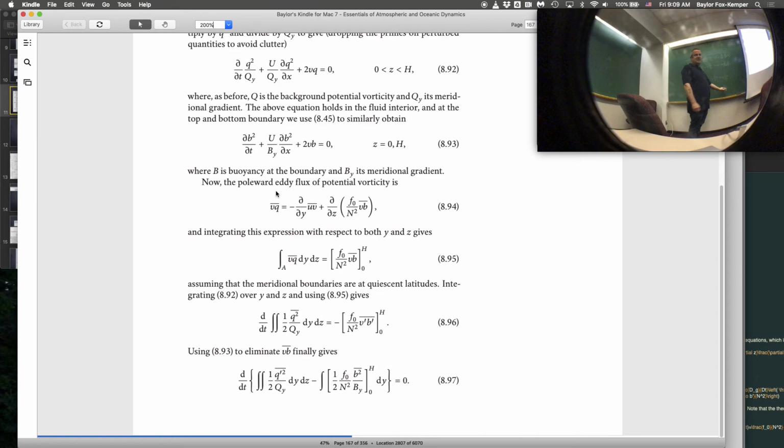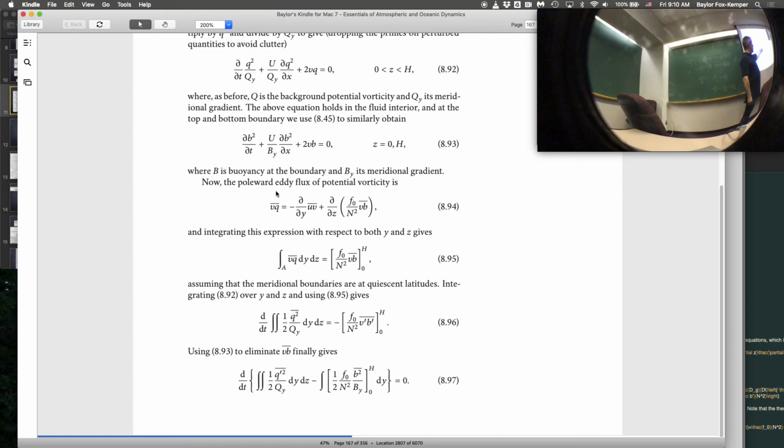Well, when I did from here to here, I could have also said U dW/dz, and then this one is small because W is small compared to this one. So yes, there is conceivably an ageostrophic piece here, but there's no reason why we don't have the geostrophic transport in this one. So the bigger term in the V is the one we want. We're really thinking of the geostrophic velocity in the vector Q.